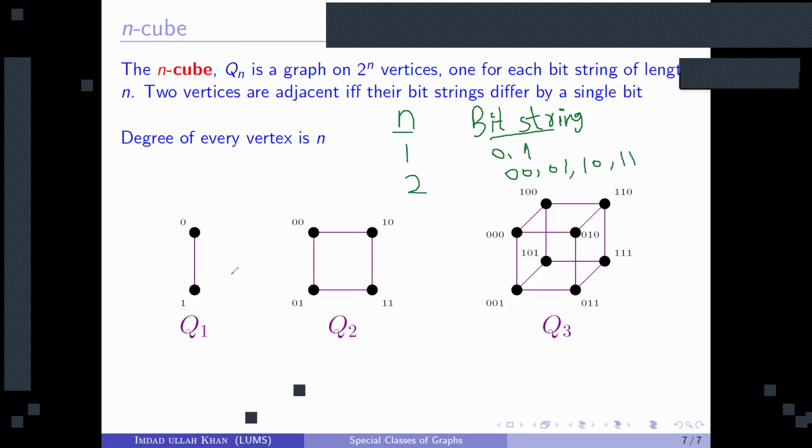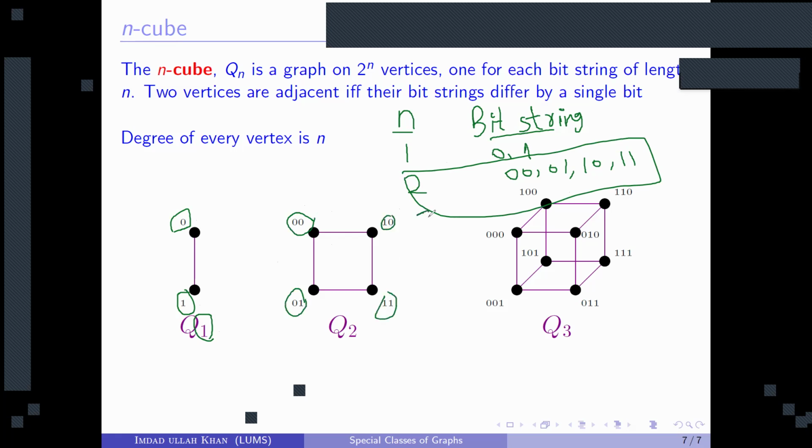So for Q1, this 1 means the number of bits which can be used to create a bit string. Of length 1, we have only 2 bit strings, 0 and 1. For length 2, we had 4 possibilities. For each bit string, we create a vertex.